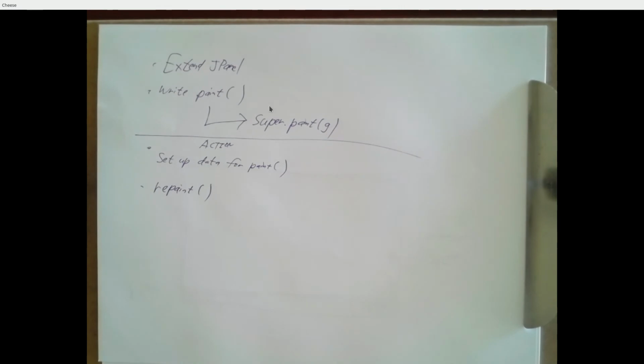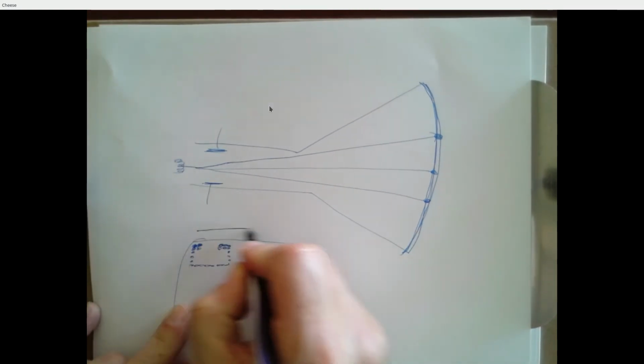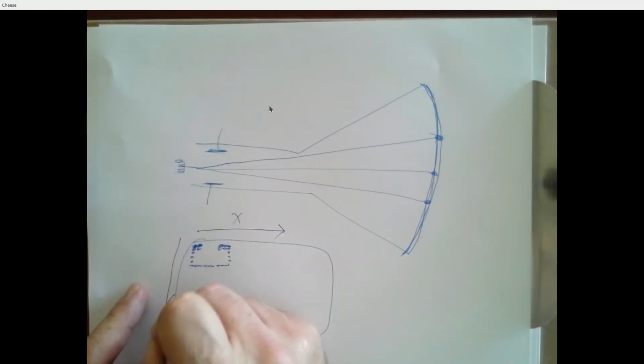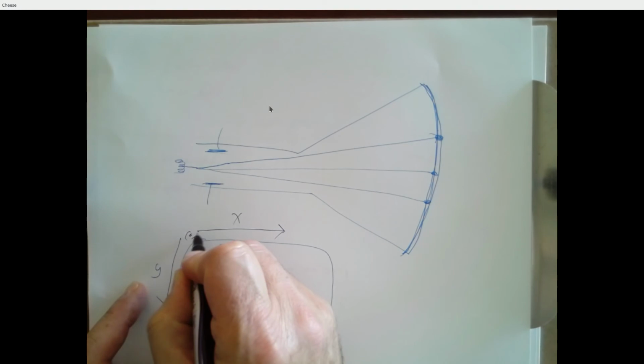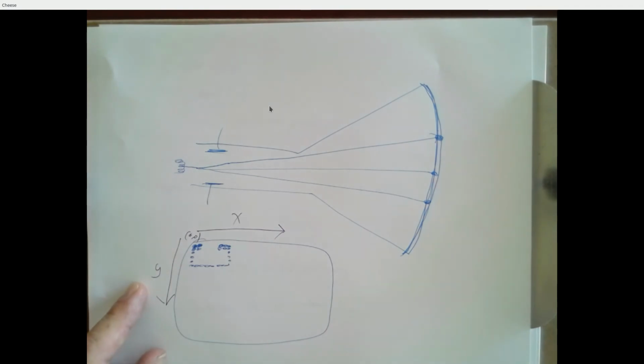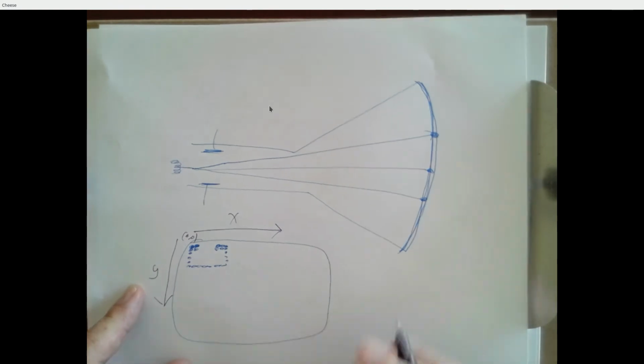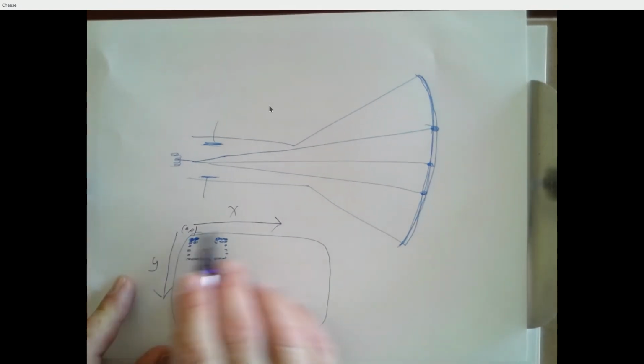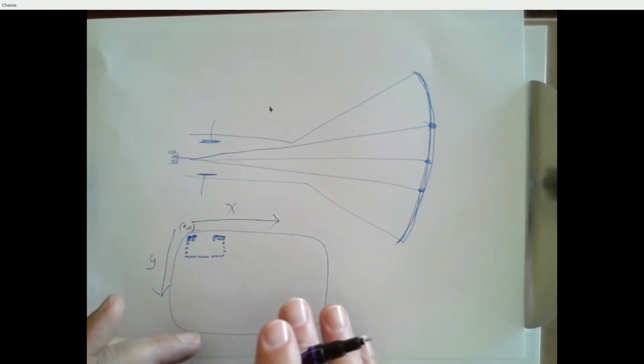We use the same model. And while we're here, this is X, this is Y, and 0, 0 is in the upper left. The pixels you're referring to when you pass an XY to draw a rectangle or fill oval or whatever are relative to this coordinate system.